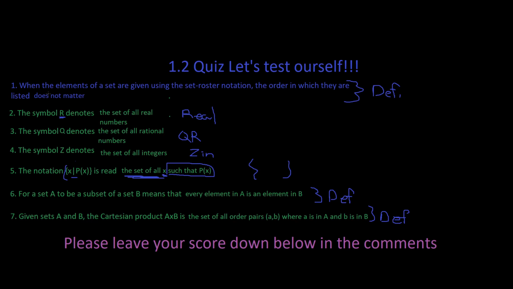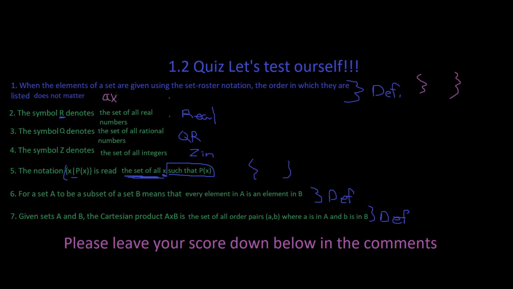Alright, let's look at this one. When elements of a set are given using set roster notation, you guys remember the set roster notation? That's when we use this. The order in which they are listed does not matter. And you remember our axiom, right? I told you to remember axioms.